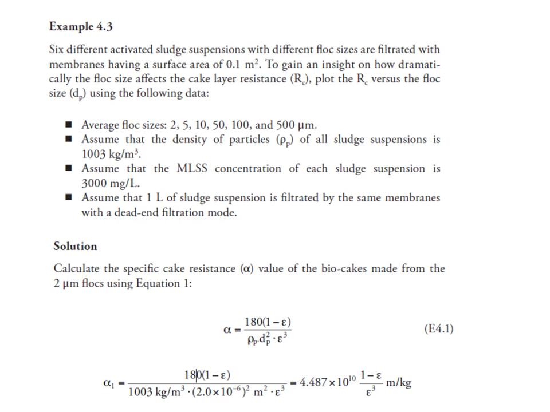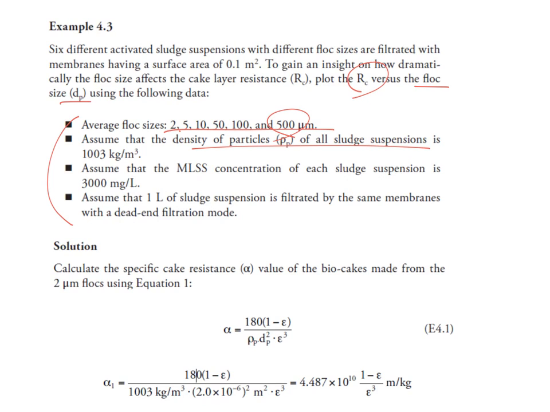Here we have a different example to show the relationship between cake resistance and block size using this data. We'll compare the relationship between the cake layer and particle size using blocks whose size ranges from 2 micrometers to 500 micrometers.